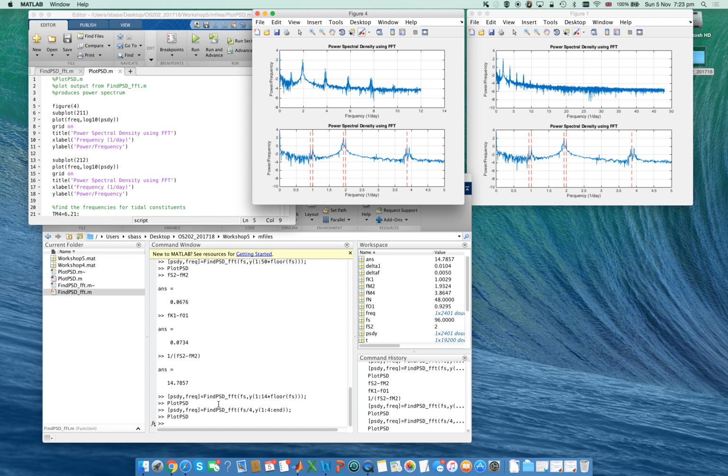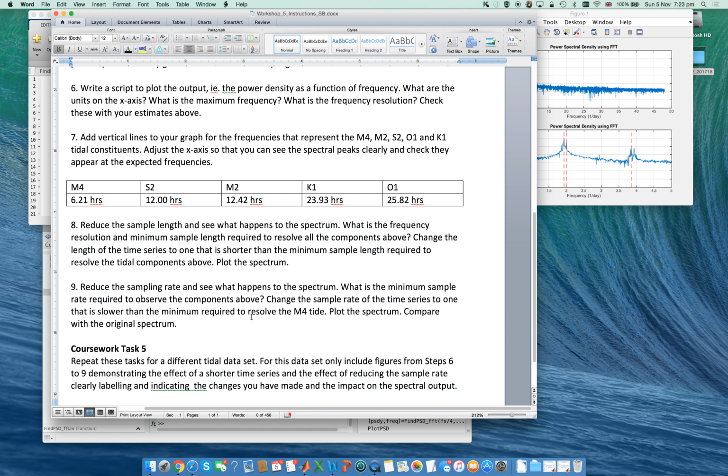Okay, now if we go back to our instructions again, so we've reduced the sample rate and we see what happens to the spectrum, which is that the spectrum gets shorter and that we get a lower Nyquist frequency. So the next question is, what is the minimum sample rate required to observe the components above?